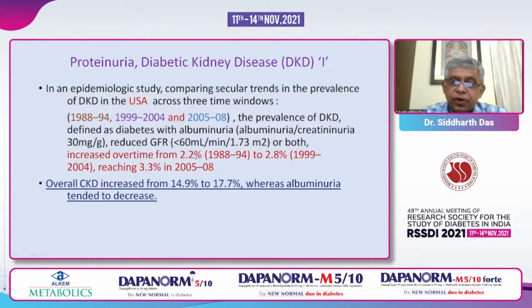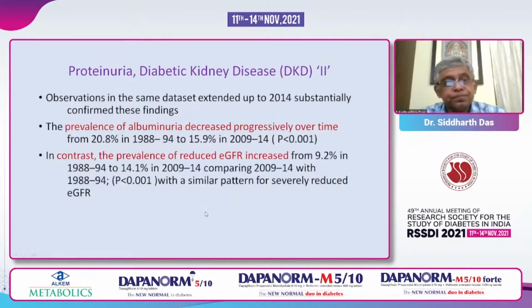From 88 to 94 it was 2.2, 99 to 2004 was 2.8, reaching 3.3 in 2005 to 2008. Overall CKD increased from 14.9% to 17.7%, whereas albuminuria tended to decrease. So this is the moot point again: in a longitudinal study in the US they found that even if the prevalence of CKD is increasing, the prevalence of albuminuria is decreasing in patients with diabetic kidney disease.